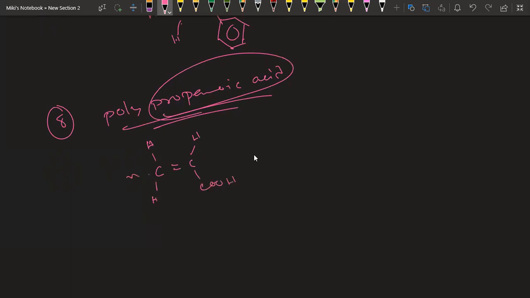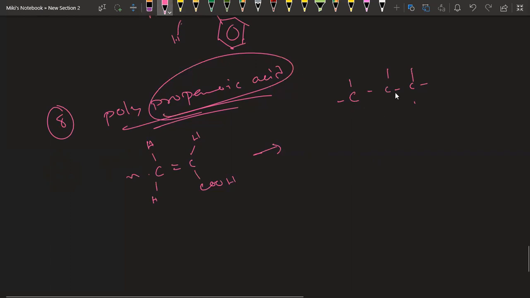And we have n such molecules. Propan means we have 3 carbons, so if we draw the simple alkane, we have 3 carbons. Now, in terms of propene, so this is propenoic, yeah, propenoic, not propanoic. This is propene, E, that means an alkene is present.